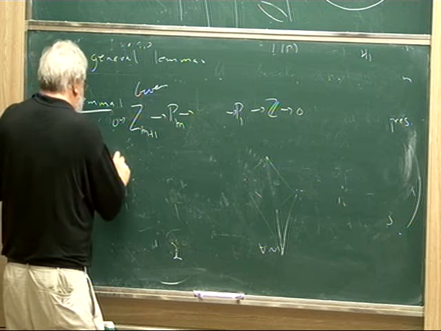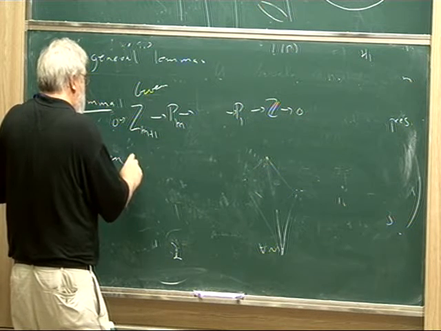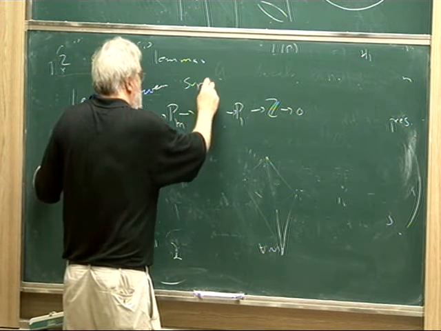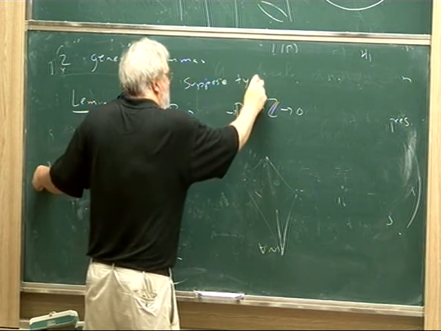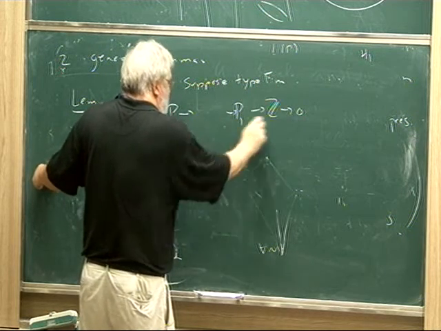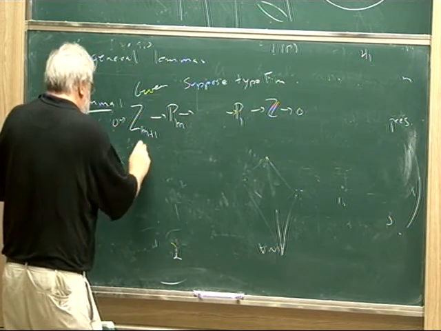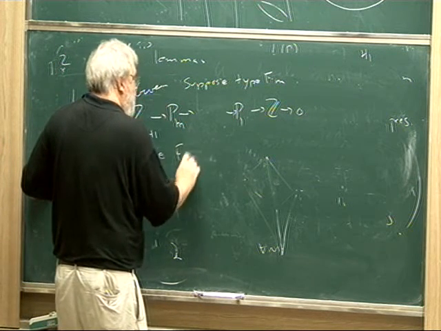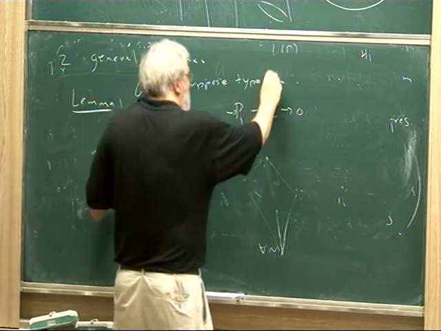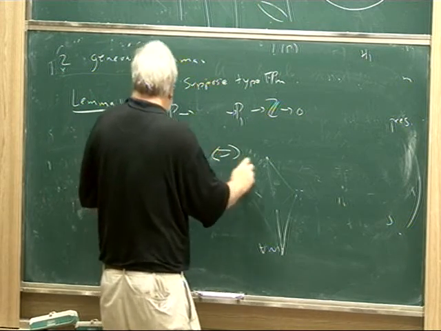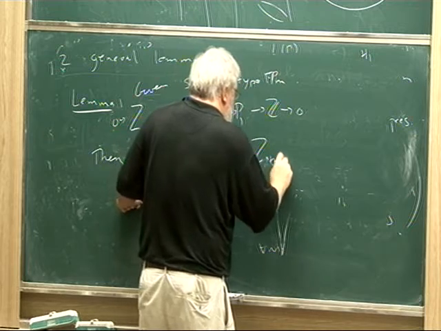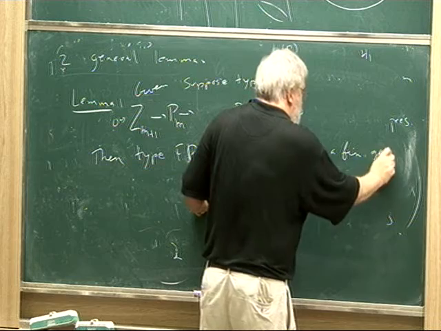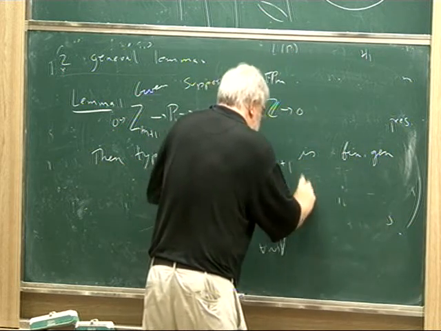Then the result is that, supposing we're type FM, which means we have a projective resolution that looks like that, then the conclusion is it's type FM plus 1, if and only if Z sub m plus 1 is finitely generated as a ZH module.